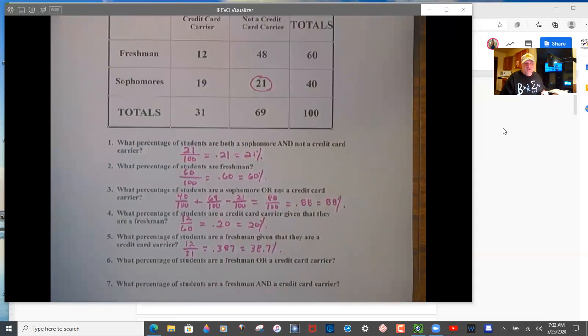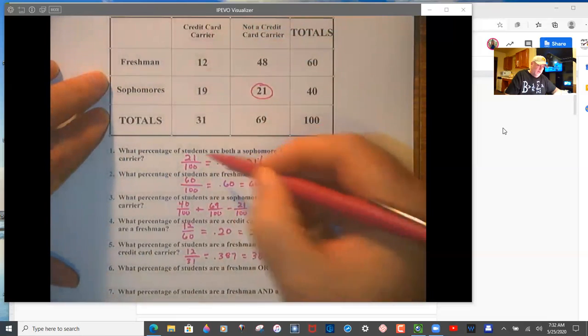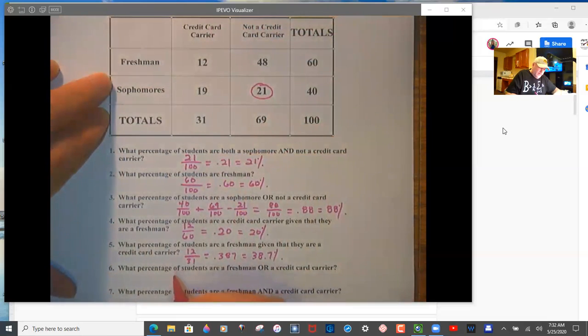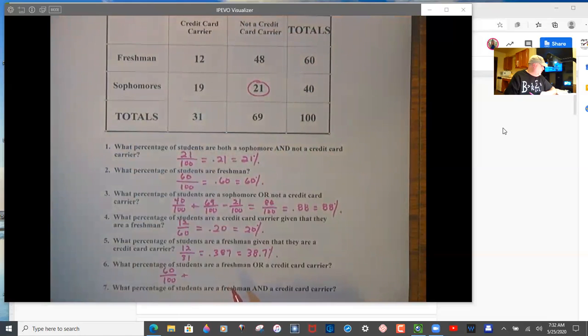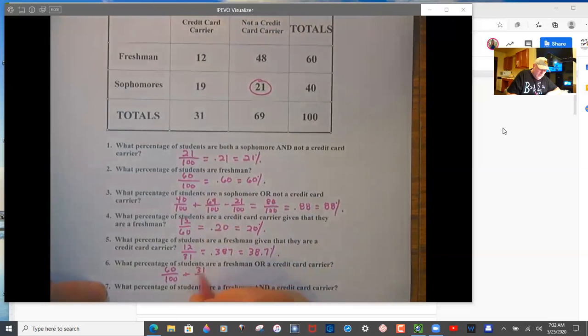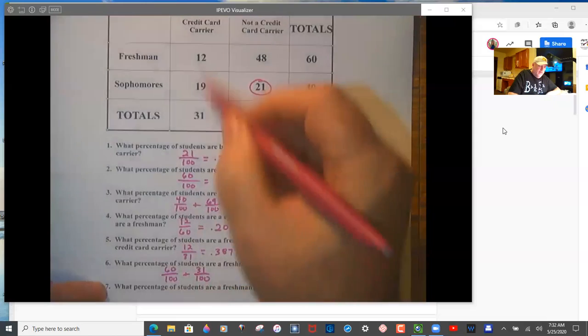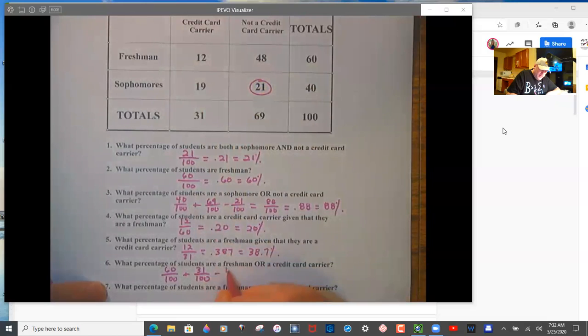What percentage of students are a freshman or a credit card carrier? So 60 out of 100, or a credit card carrier, and that would be 31 right here out of 100. As we do this, we have to subtract the intersection of 12 out of 100.